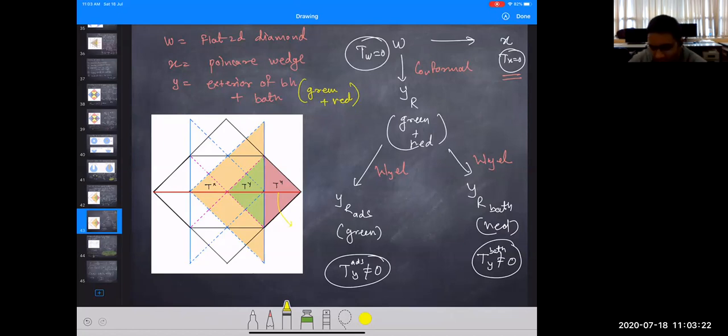And then there are some non-trivial Weyl transformations that you have to do differently on the green and red region, and you have to make sure that the Weyl factor matches across the boundary of these regions. These Weyl factors are nice such that they don't pick up any Weyl anomaly. So the only contribution to the stress tensor in the exterior of the black hole is from this conformal transformation, which can be easily computed.